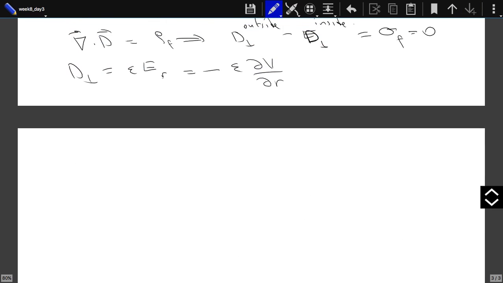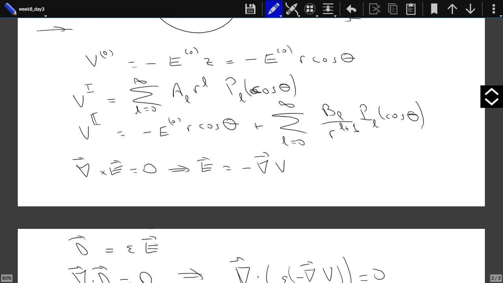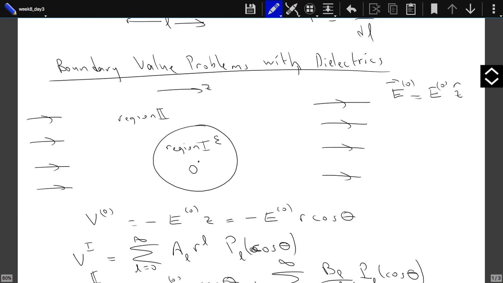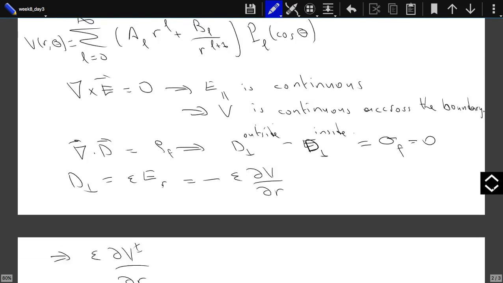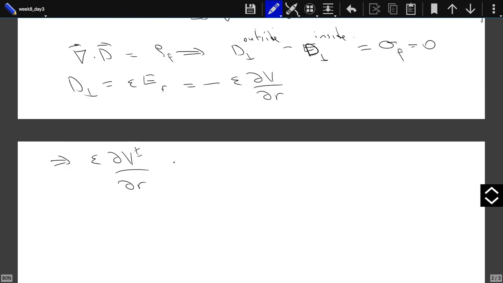Now in region 1, epsilon is epsilon. If you remember back our problem, region 1 is inside our dielectric. The dielectric constant is epsilon. In region 2, there's no dielectric. The dielectric constant is 1.